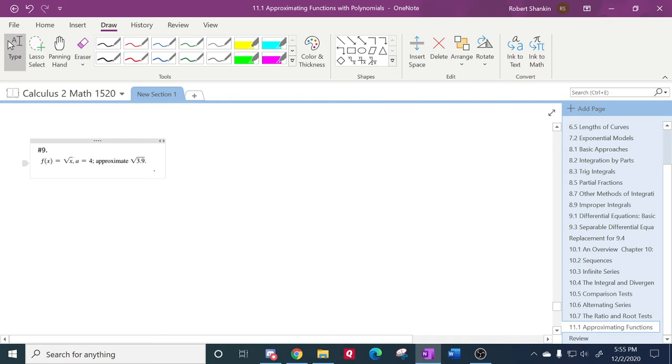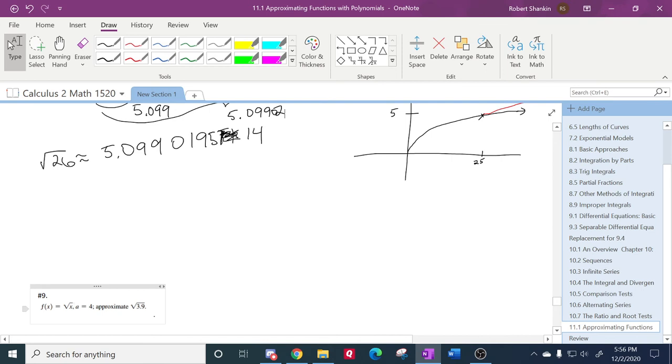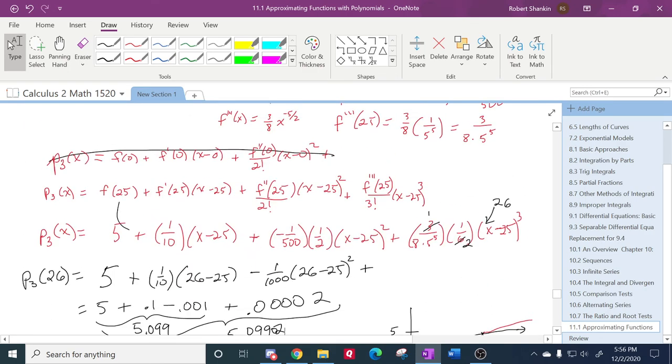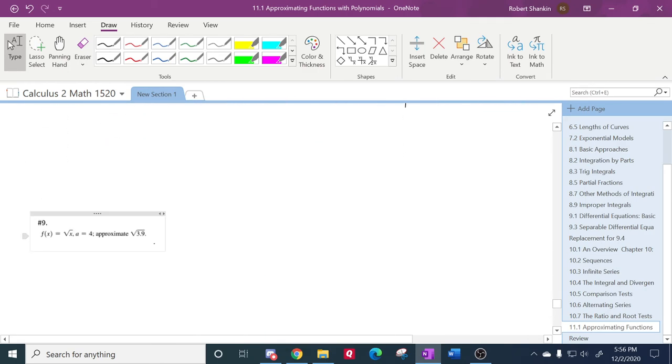When you're going to approximate 3.9, you don't have to use one that's smaller than that. You can use the closest one, which is 4, and then you might think of your delta x as negative 0.1, and this will work great. It would be the same kind of thing to do this very next one.